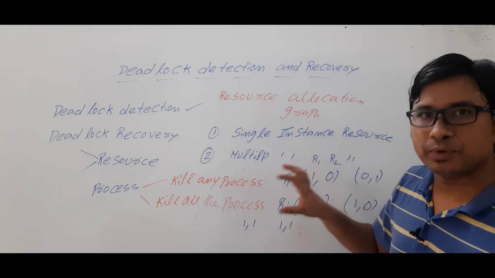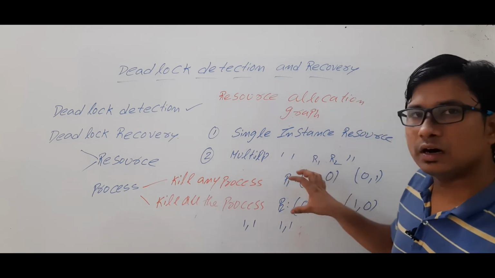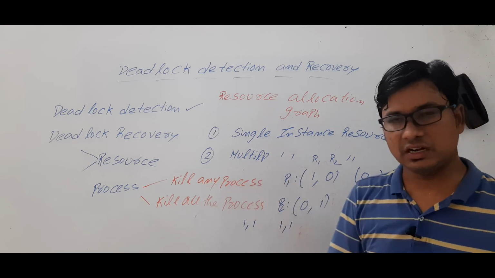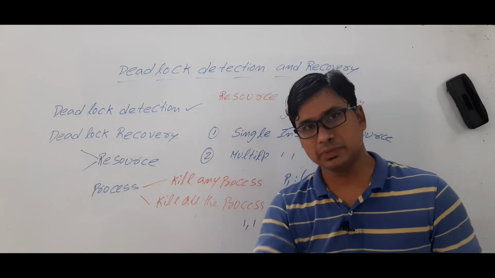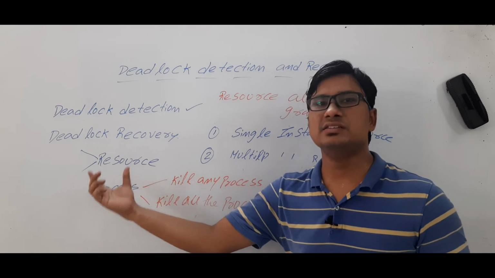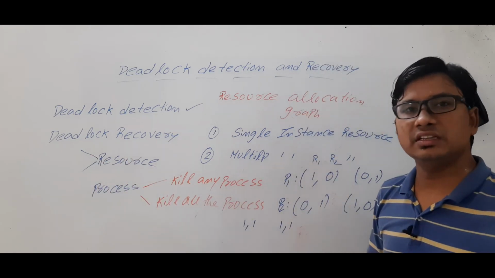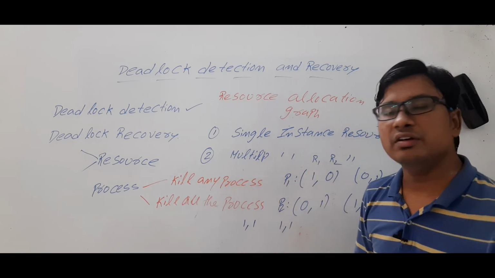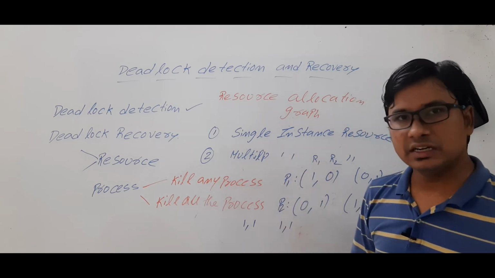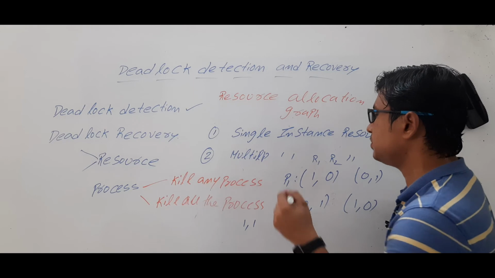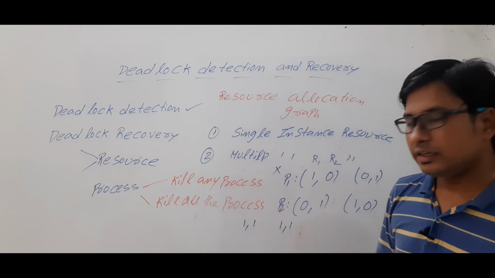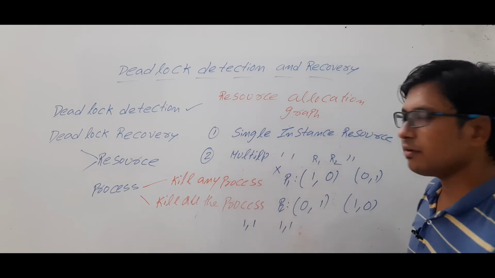The CPU cannot preempt the resources from the process. But with preemption, if we use the strategy of preempting resources, the CPU forcefully takes resource R1 from process P1. Is it clear?